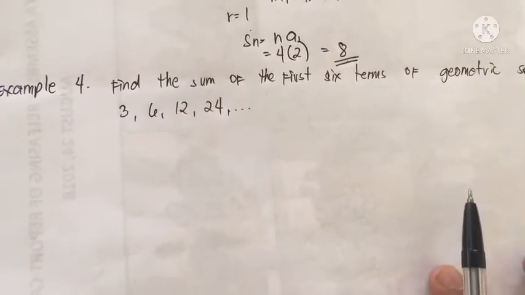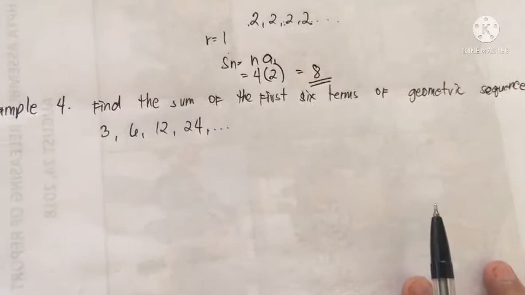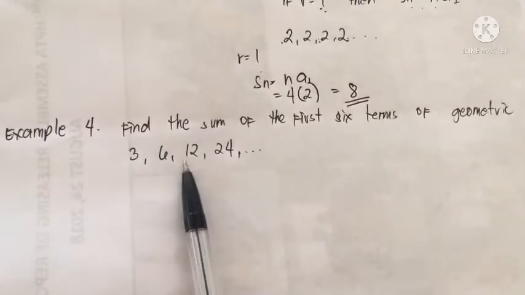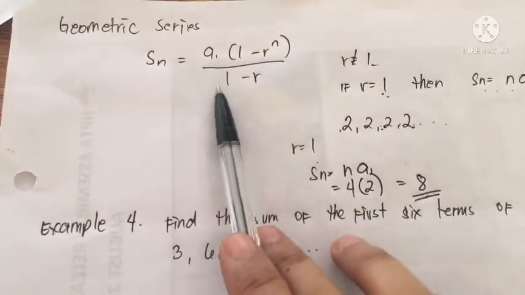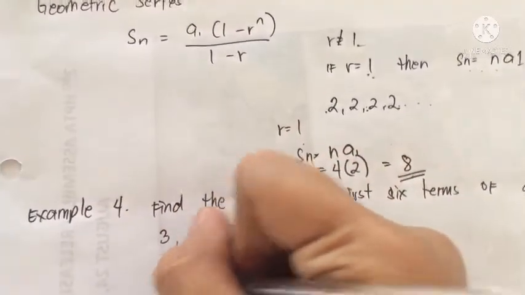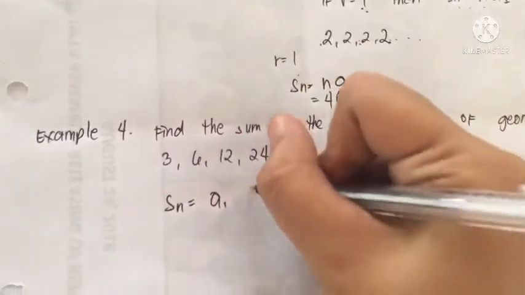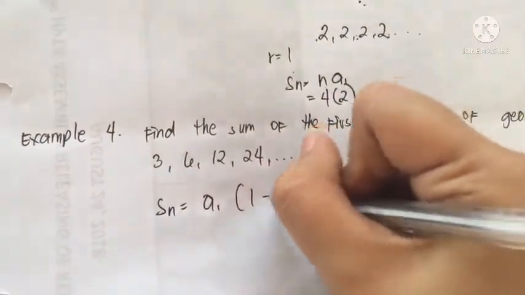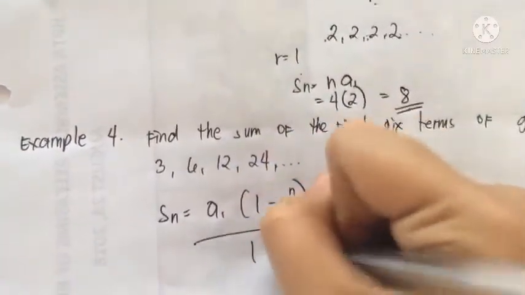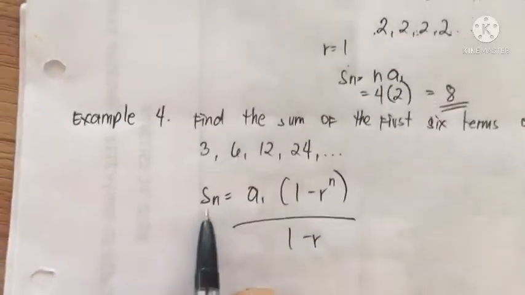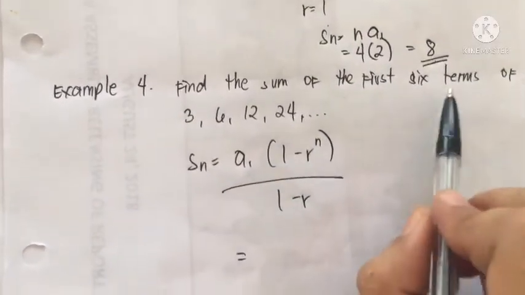Find the sum of the first 6 terms of the geometric sequence. So, para hanapin ito, gagamitin natin yung formula natin na yan. So, we have S sub n is equal to A sub 1 times 1 minus R raised to n over 1 minus R. So, S sub n natin hanggang ilang term? Hanggang 6 term daw.